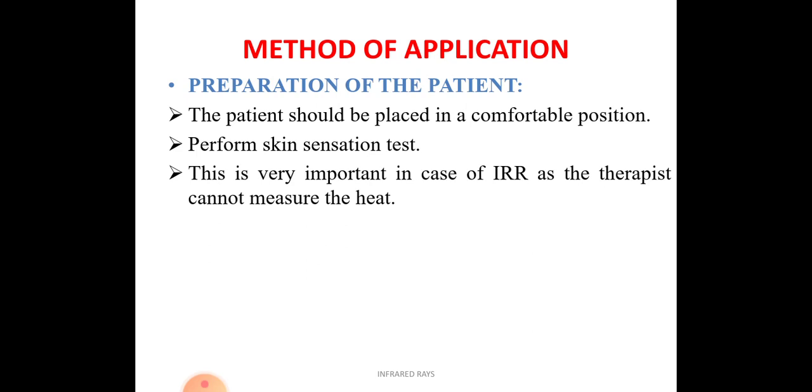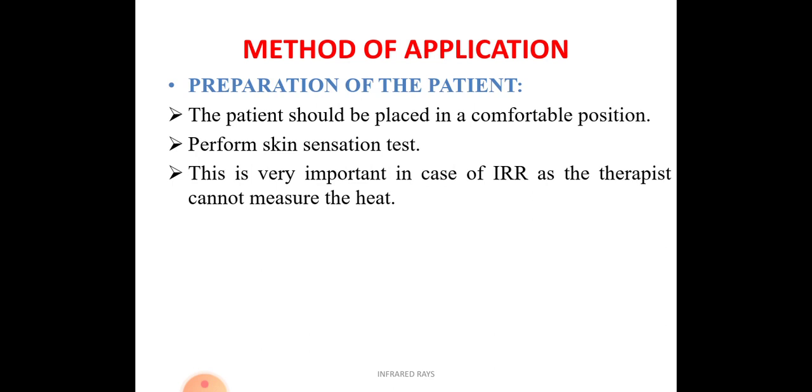Now, generally whatever heat the IR is producing is not measured. In many of these machines, in IR lamps, you will not have an intensity knob. So in that case, the patient himself or herself is the only guide who can tell us whether we should increase or decrease the heating. Clear?